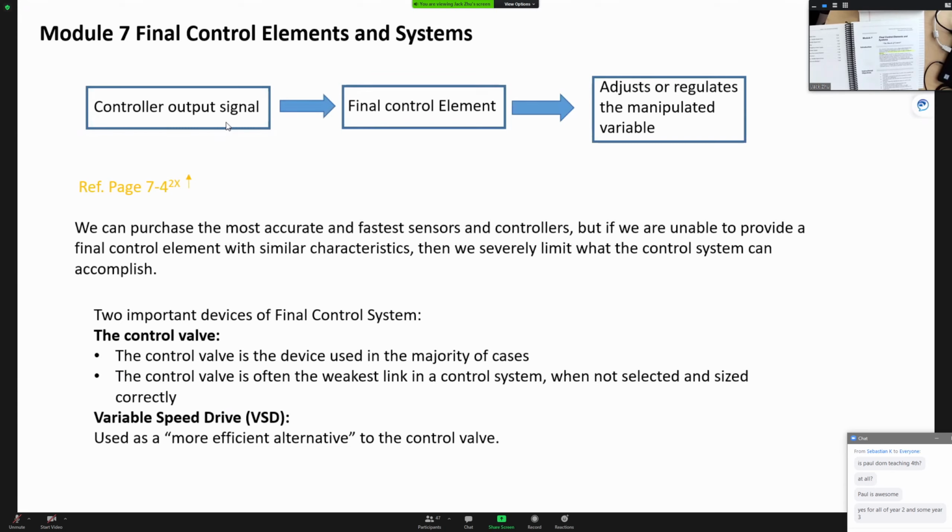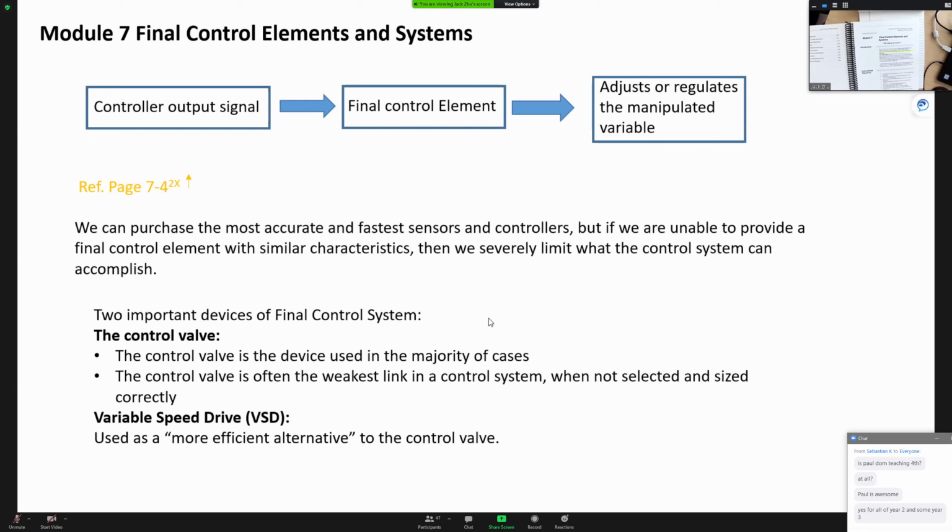You have a control output signal, then it goes to the final control element. You make the adjustment to manipulate the control variables. So far, we have newer technology now, but mostly before, the final control element is a control valve.